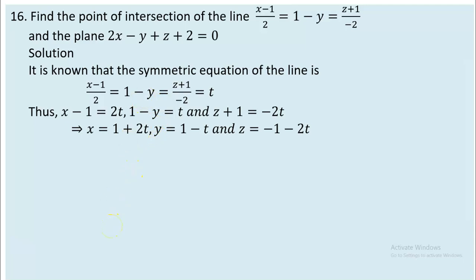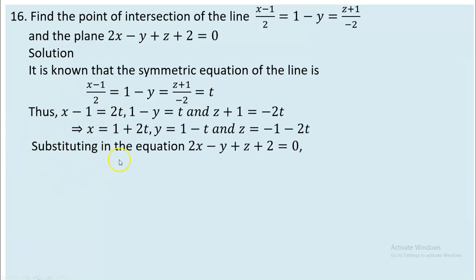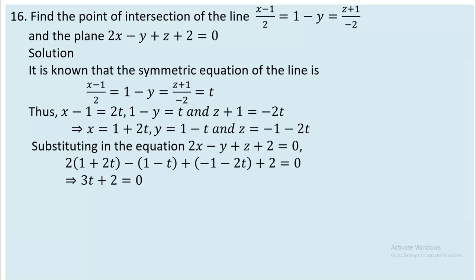So let's substitute the obtained x, y, z in the equation of the plane, 2x minus y plus z plus 2. Because x is 1 plus 2t, we put that in for x. And y is 1 minus t, so we have minus in front, and 1 minus t is substituted, and in place of z we take minus 1 minus 2t, plus 2 equals 0.